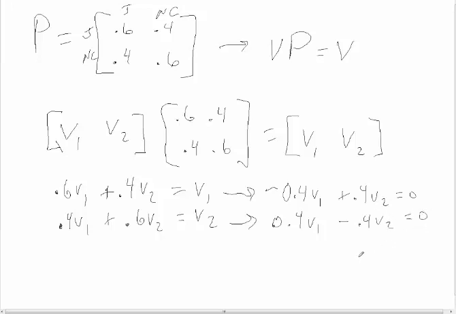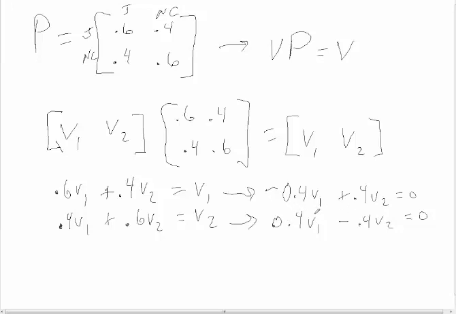0. Now what we can see with these two equations is they're basically the same. If I multiply one of them by negative 1, I get the other equation. So if I multiply the top by negative 1, I get 0.4 V1 minus 0.4 V2 equals 0. If I multiply the bottom by negative 1, I get the top equation, negative 0.4 V1 plus 0.4 V2 equals 0.